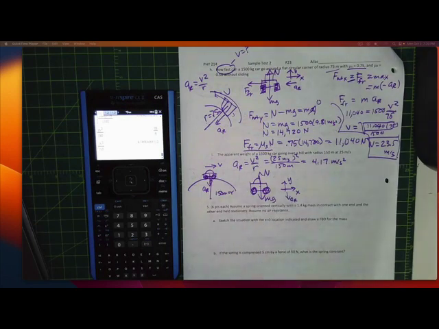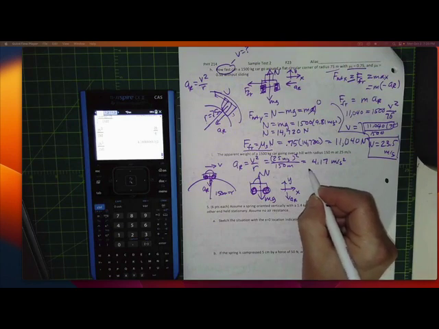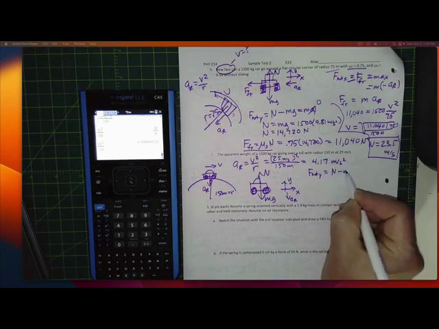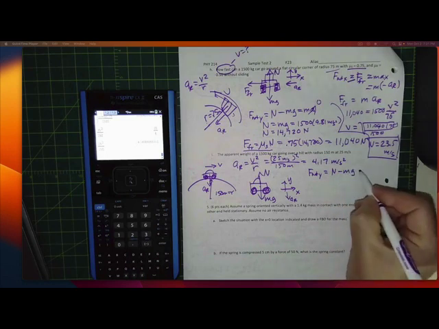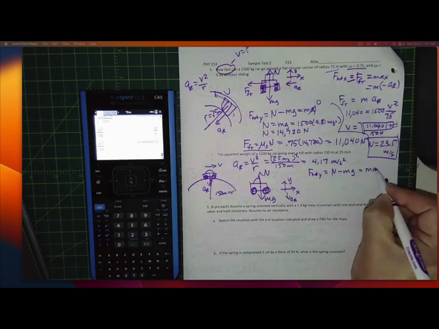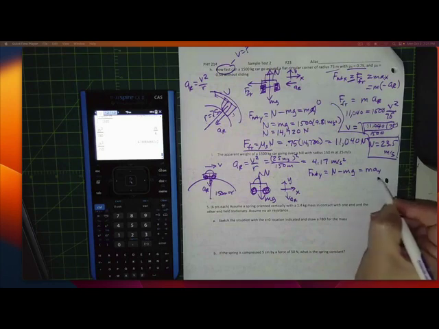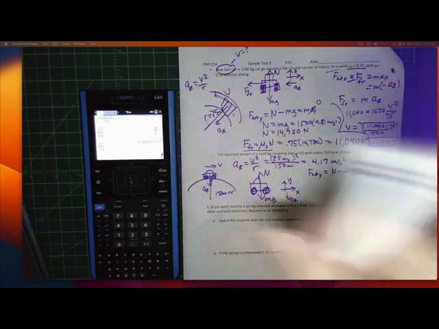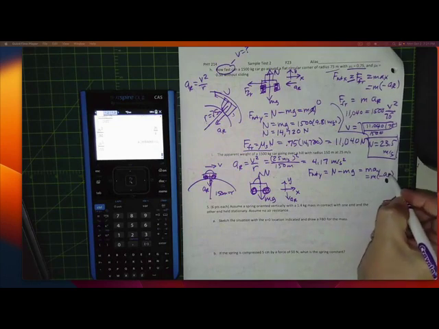Doing Newton's second law, we can relate acceleration to our forces. F net in the y direction: we got N going up, mg going down, equals mass times a_y, which is negative a_r, because a_r is going in the negative y direction.